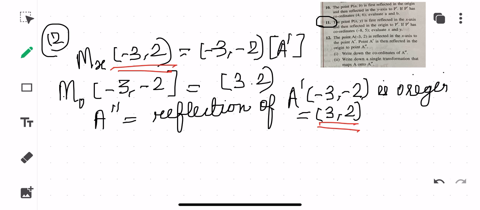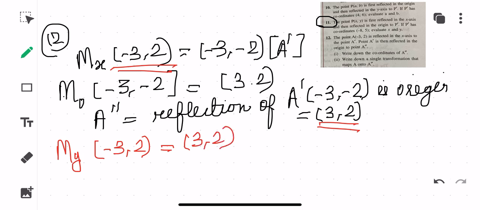So you will be writing yes, because if this particular point M is reflected along the y-axis, then you know that the y coordinate remains the same and the x coordinate changes. So your point will be 3 comma 2. So what you can see, this point is directly getting converted to this particular point. Okay, so what will your answer be?